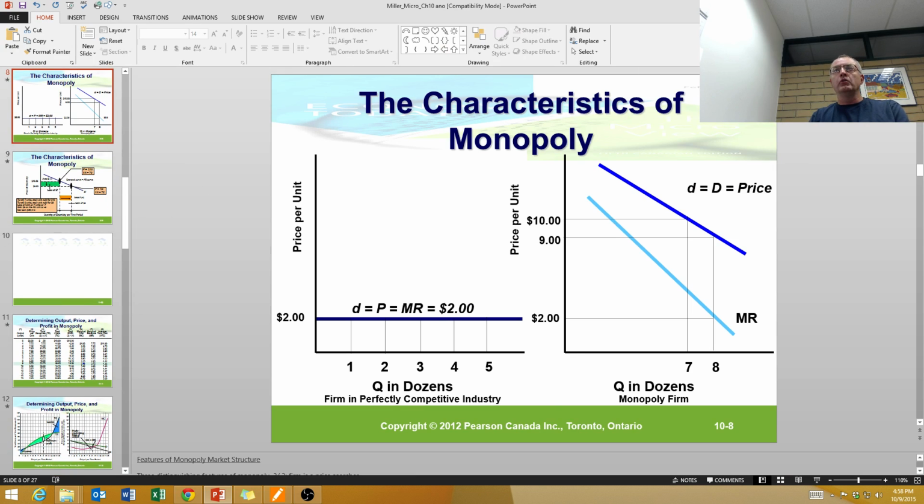Okay, so the third distinguishing feature that we mentioned about monopolies is that they're price searchers, and that compares with firms in perfectly competitive industries, which are price takers. So here we have perfect competition, a firm in a perfect competition industry on the left and monopoly on the right.